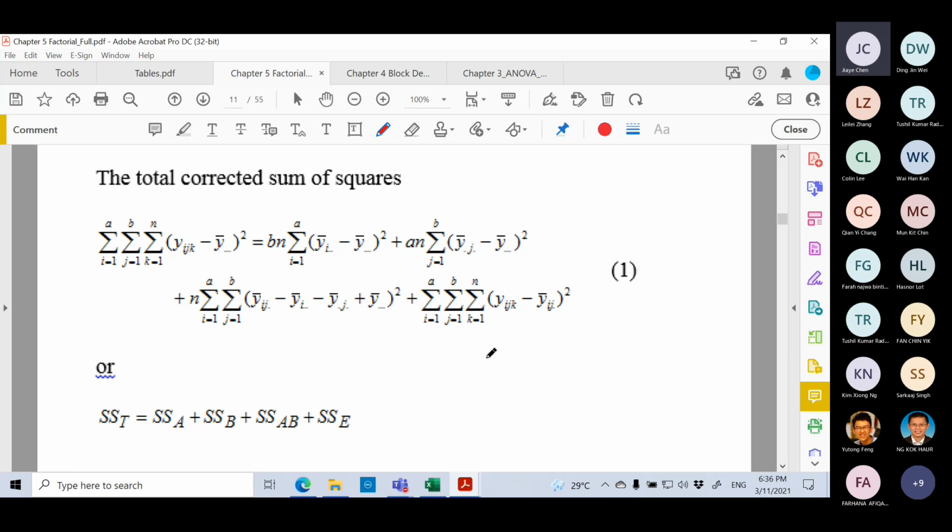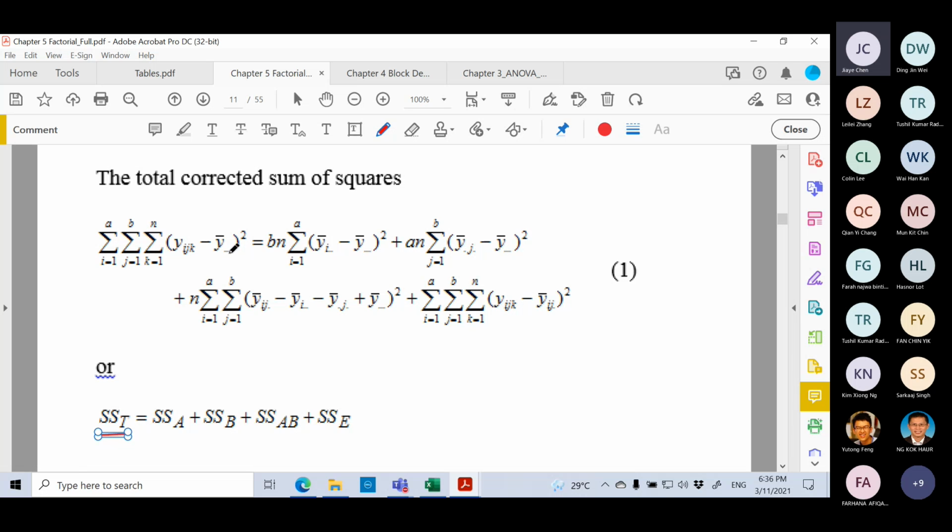If you still remember, your total sum of squares is equal to the observation minus the overall mean, squared. I believe that when you went through chapter 3 and chapter 4, you saw that this is a general formula. I call it the sum of squares for total. For any design, we just use the observation minus the grand mean squared, sum it out, and it is called the sum of squares for total.